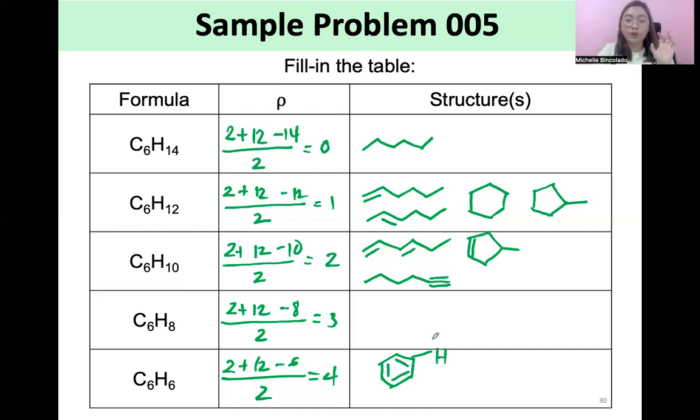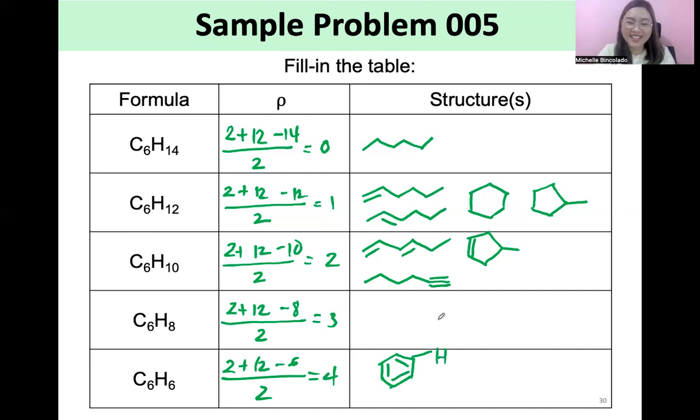So, determining rho will help you determine the structure of the compound, whether it has a double bond, triple bond, or ring. So we should know how to calculate rho.